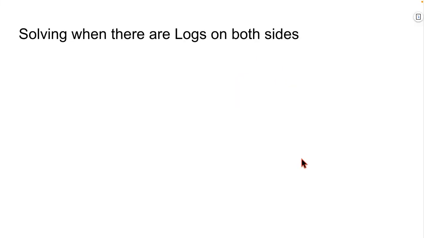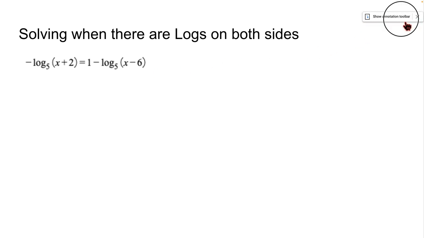Okay. Example where we have logs on both sides of the equal sign. So the first thing we want to do here is we've got the logs on the opposite side. We can use logarithm properties if we were to get them both onto the same side. So we're going to work with that.